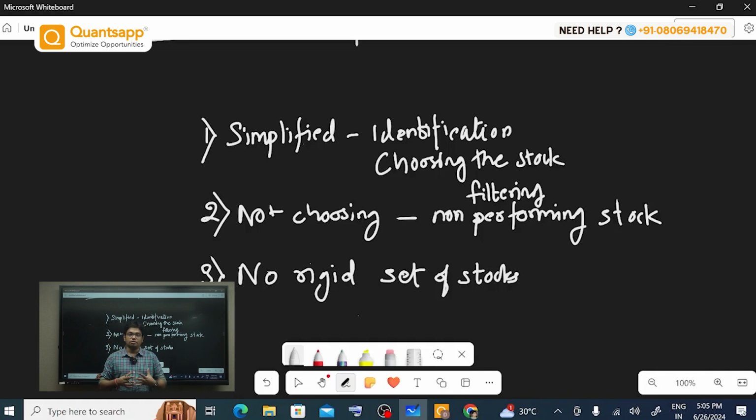The third one is no rigid set of stocks. Some traders have a rigid set of stocks, and they trade only those 5 or 6 stocks, so they sometimes fail to catch the big movement. If you get out of the rigid mindset, you might identify the stock which has moved along with the Nifty, and make a significant amount of profit.